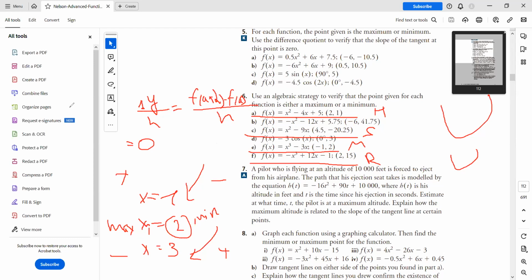So if you try the interval method with 4.5, you take 4.6 to the right-hand side and 4.4 to the left-hand side. And you're going to see that if 4.5 is not a local minimum, first of all, your instantaneous rate of change won't be 0.